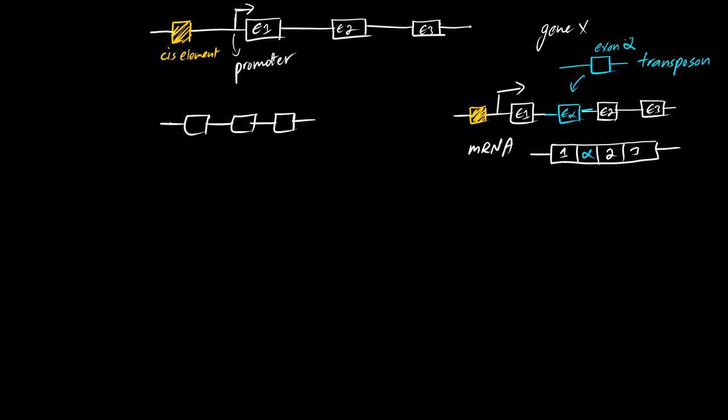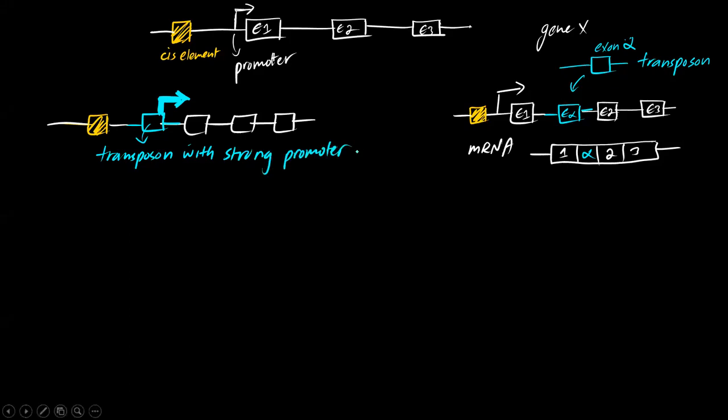And then a transposon with a very strong promoter might be added like this, so that the expression from this gene increases. So this is a transposon with a strong promoter.